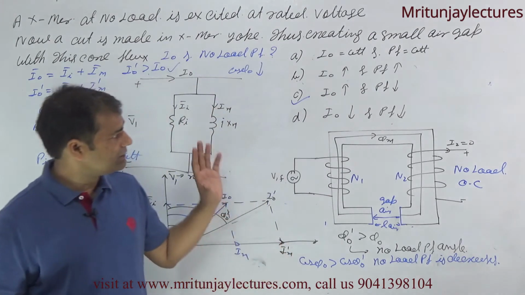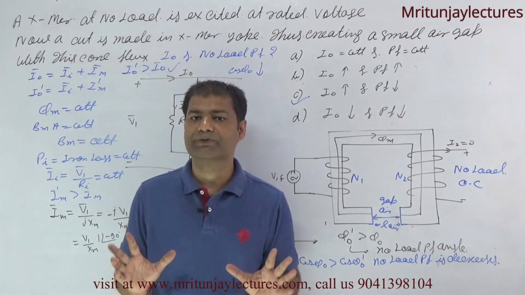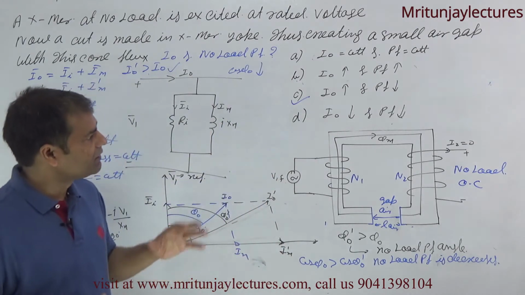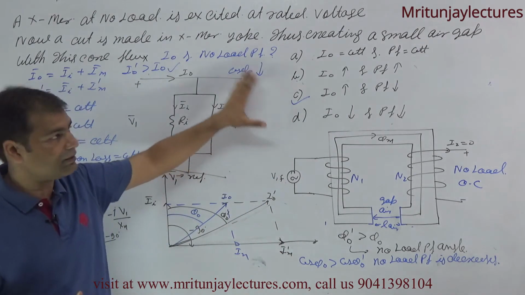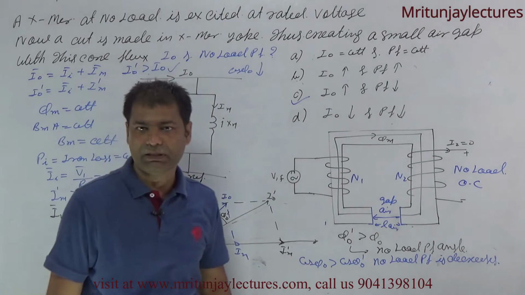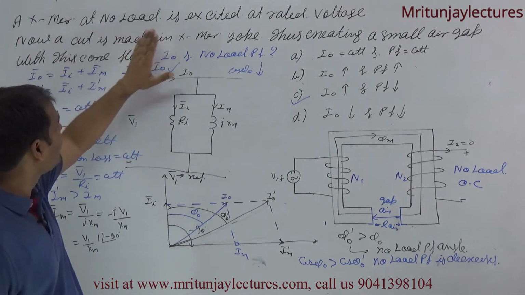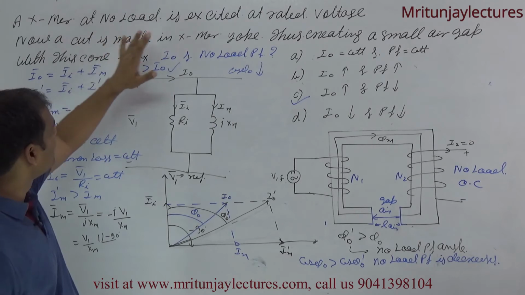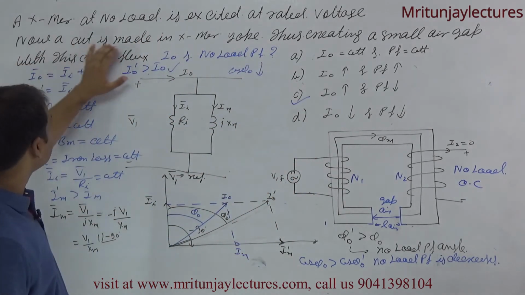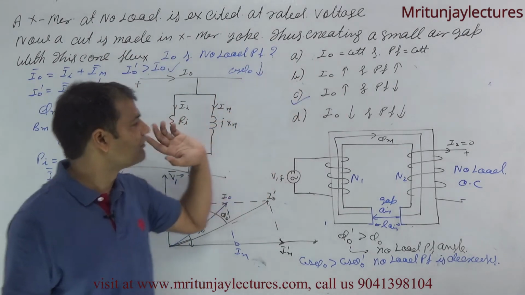So in this question, it is clear, a lot of options are created. You can say that from one condition, many types of questions are created. Is it clear? One condition means a transformer at no load is excited at rated voltage. Now a cut is made in the transformer yoke, creating a small air gap.